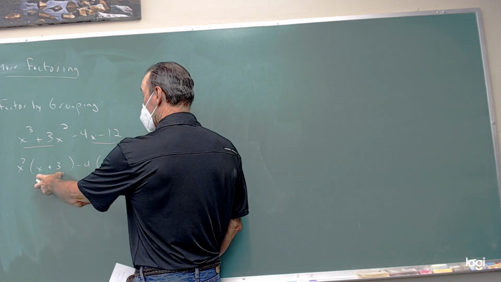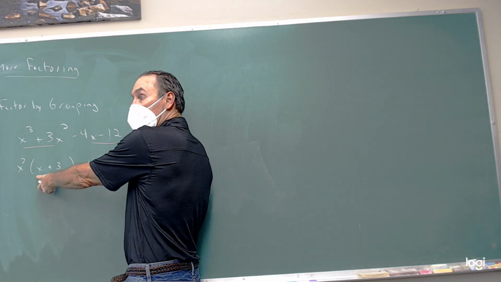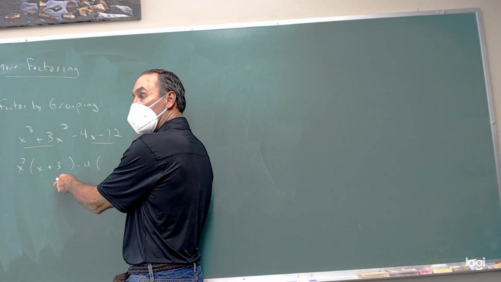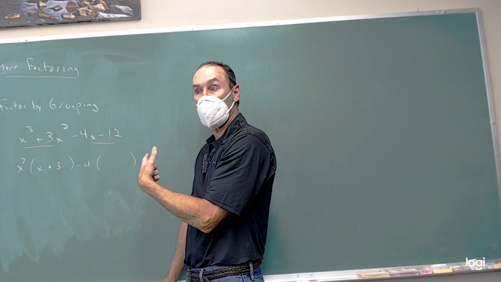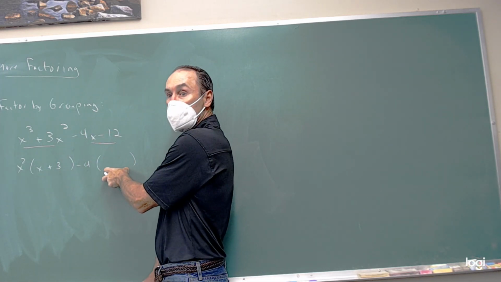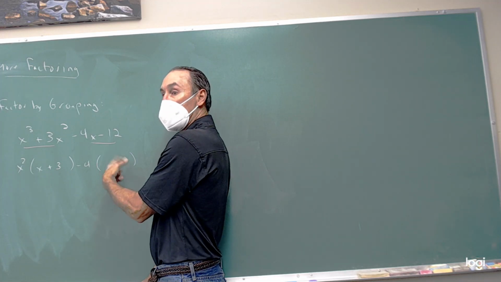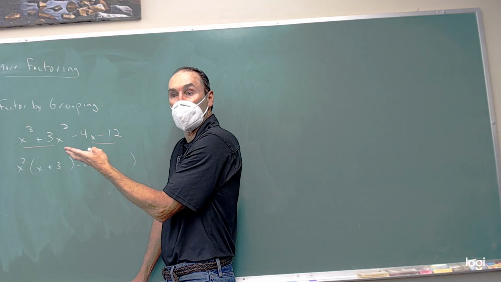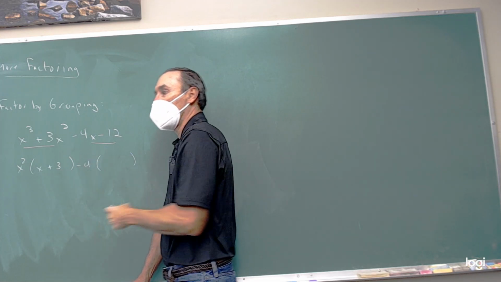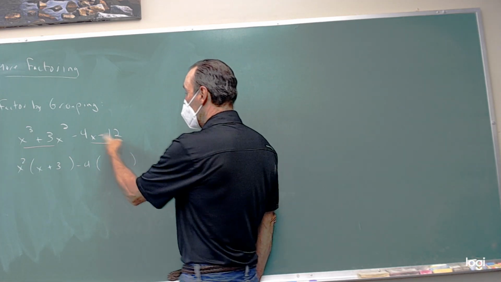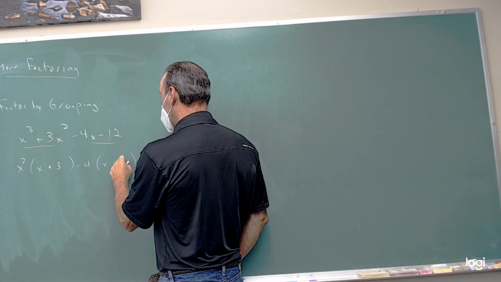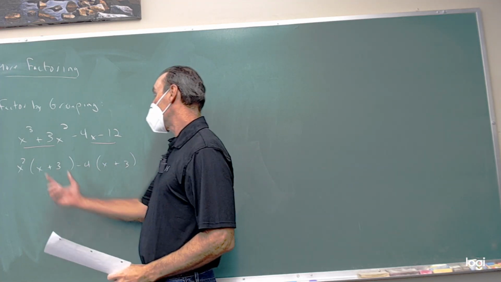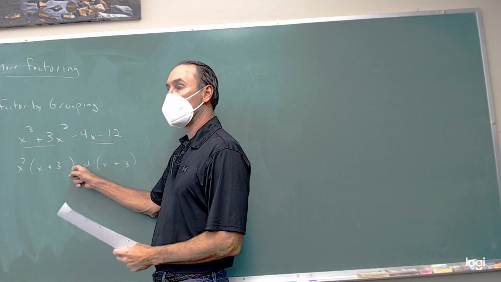And at this point in time, now you know what you're looking for. So since we got an x plus 3 there, if this strategy is going to work, what's left here has to be identical. If we can't get it to that point, then this strategy isn't going to work. We're going to do something else. And right now, we don't have anything else, so it better work. So here, when we factor that out, we also get an x plus 3. So now we have an x plus 3 times this, an x plus 3 times that.